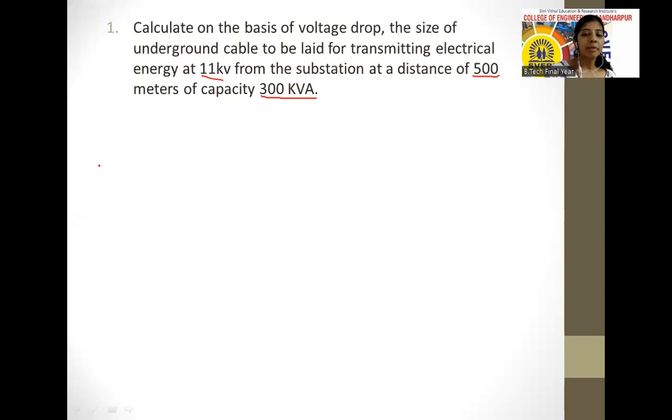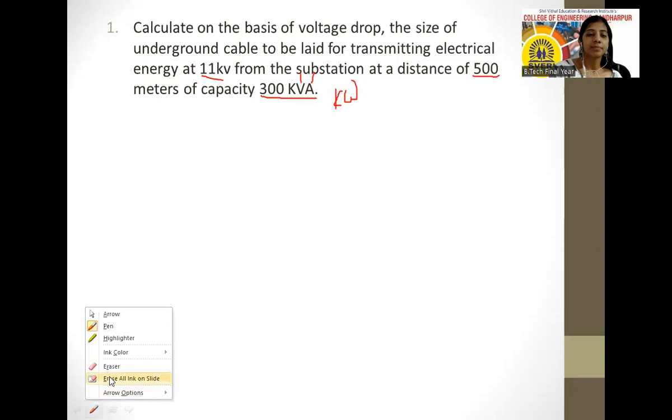So will the power factor come in the formula or not? No, ma'am. If there is active power mentioned in kilowatts, then the power factor will come. If it is mentioned in VA, we have to use only voltage and current.